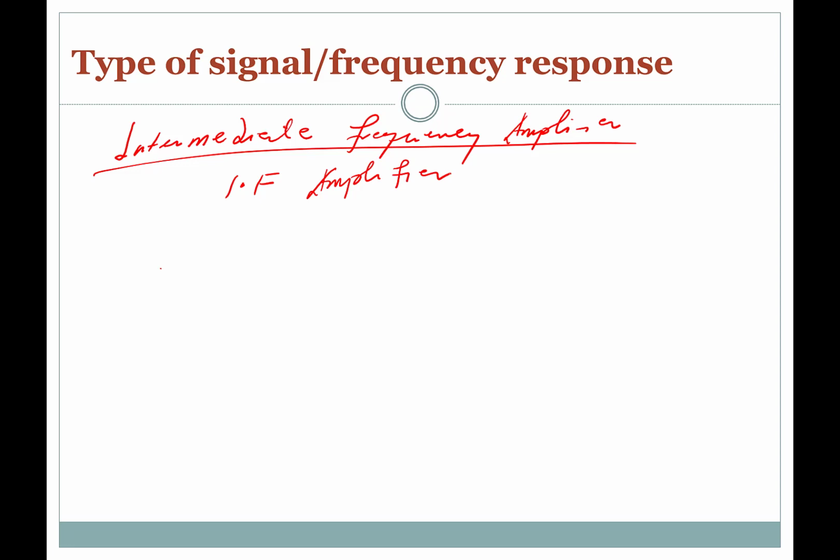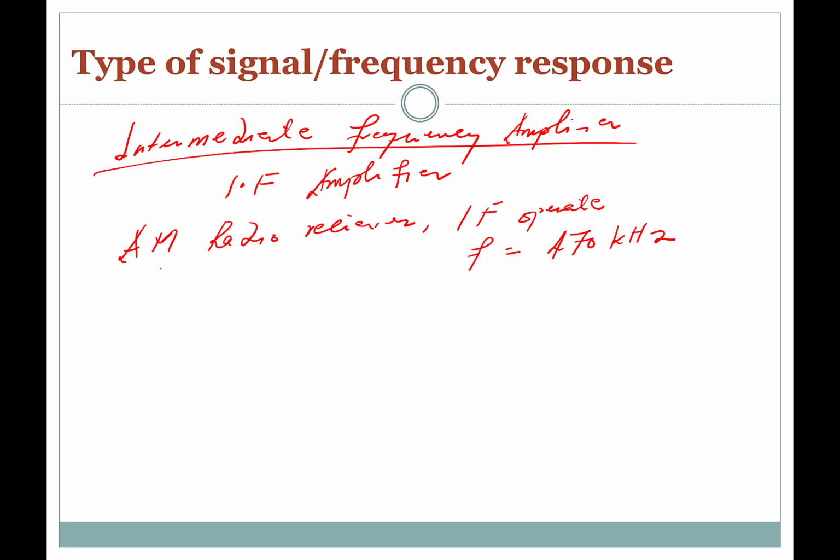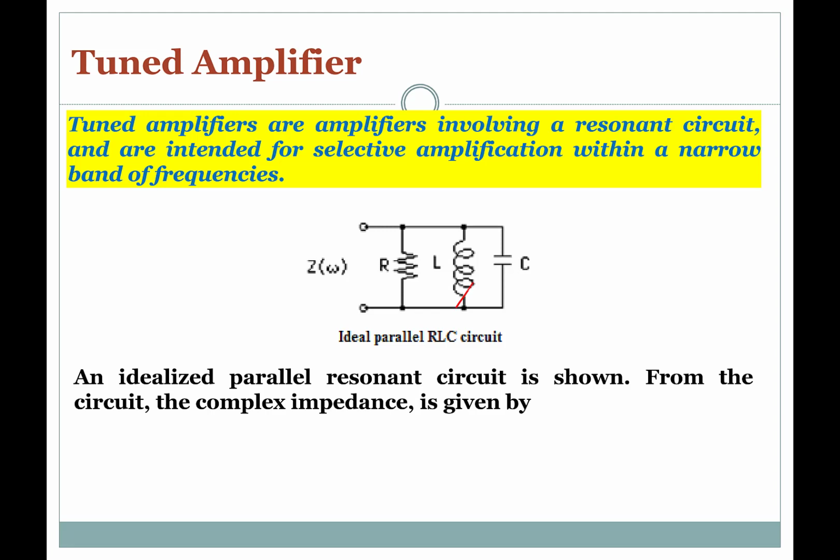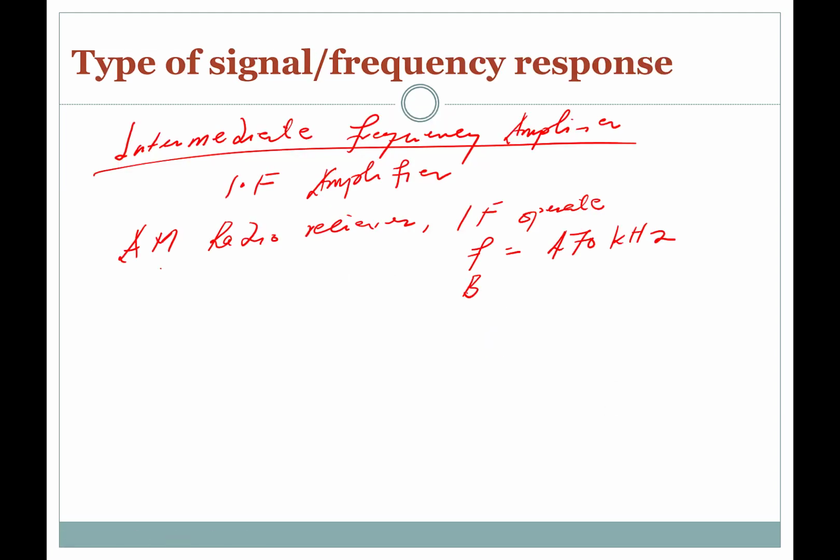So, for example, in an AM radio receiver, the intermediate frequency or IF amplifier operates at around 470 kilohertz, with a bandwidth of usually 10 kilohertz.